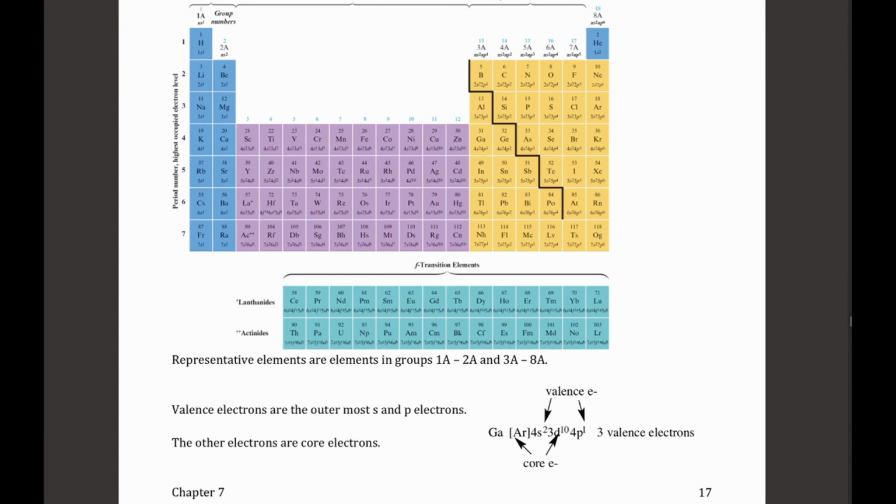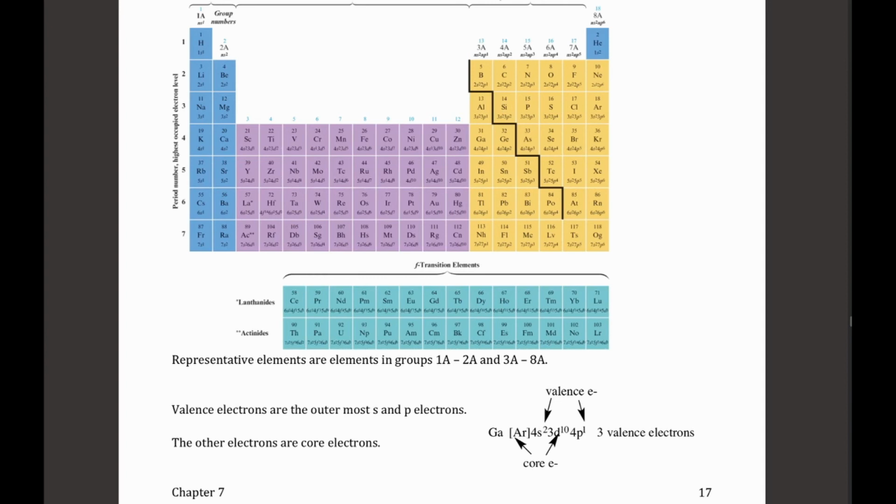So once again, xenon, 6s2, 4f14, 5d10, 6p2 for the electron configuration for lead.